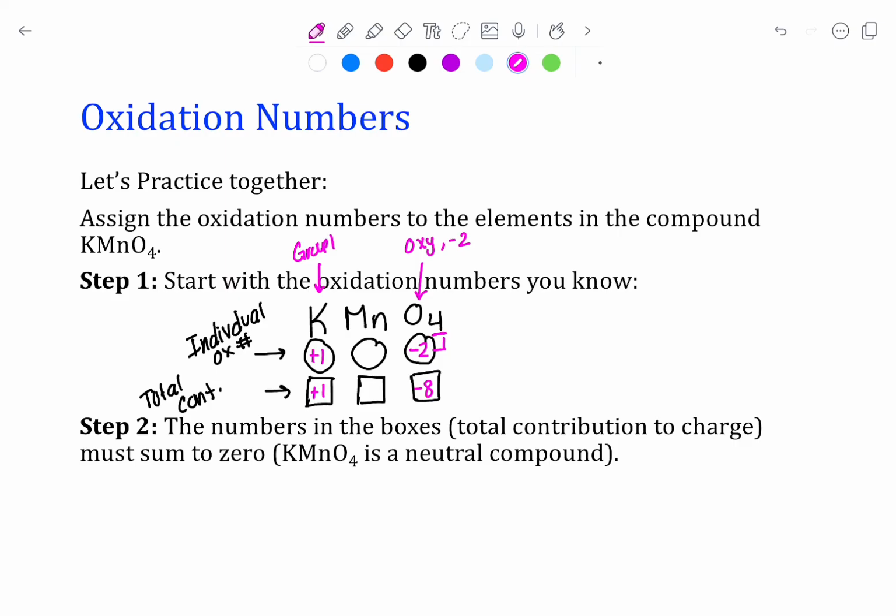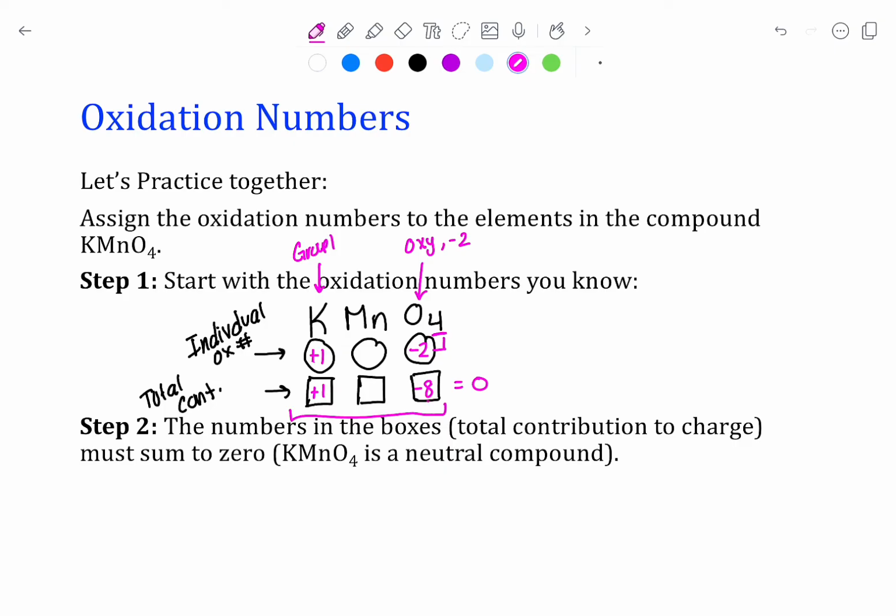So now, like I said, it's similar to Sudoku. We can now fill in the blanks to find the remaining oxidation numbers. We know that this molecule overall has a charge of 0. So the boxes must add up to the charge. So that's step 2. The numbers in the boxes must sum to 0. KMnO4 is a neutral compound.